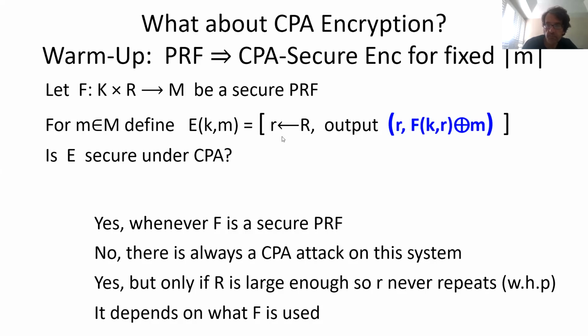But every time the attacker asks for an encryption of something, a new fresh R is going to be chosen, and what he gets is R, comma, his message XORed with FK at R. Any guesses as to which is the proper answer?